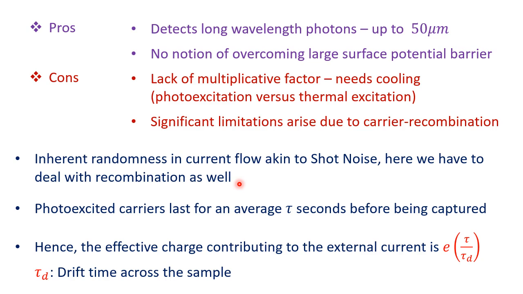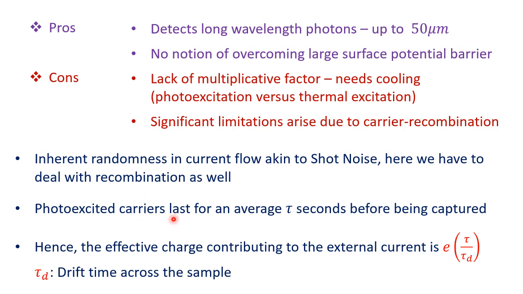The electron is released, but then there is the scattering event, or reaching the end of the terminal, which essentially destroys or finishes the particular event, and there is a variation in the time that it requires to reach the other side, which is the same as the distribution of times which might be there on average for recombination and so on. So it is akin to shot noise, right? We can clearly recognize that.